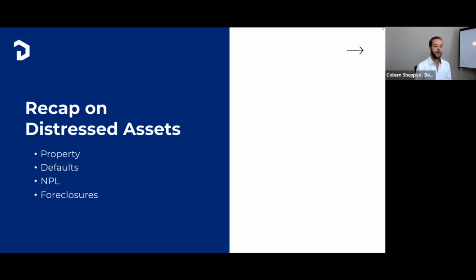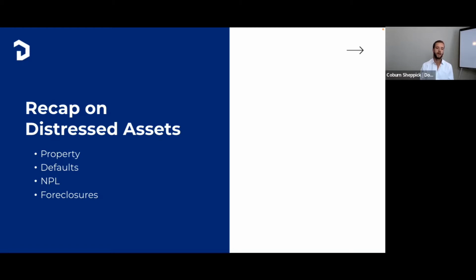This is a big topic, and there's a lot of areas and types of distress. For example, there's many different types of defaults, and there's a process for what that looks like in stages of foreclosure. During those stages, there are different phases of a foreclosure process, and during those phases, there are different levels of risks and rewards.